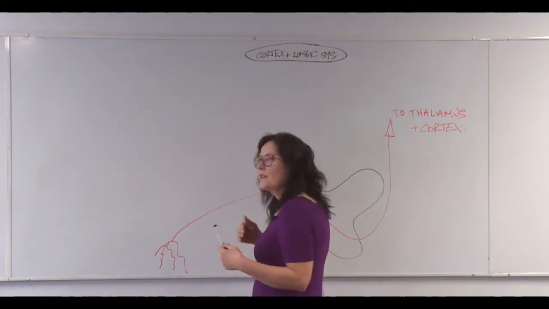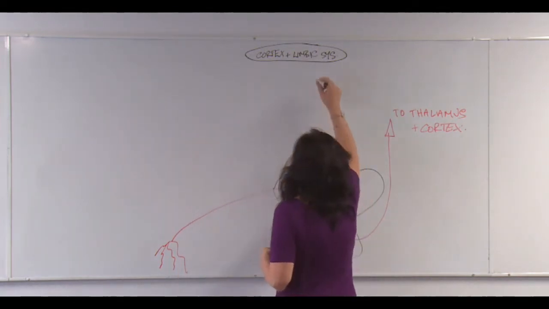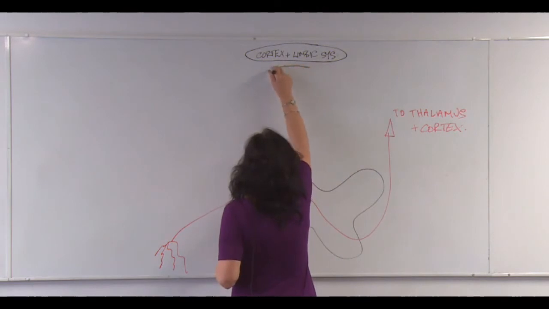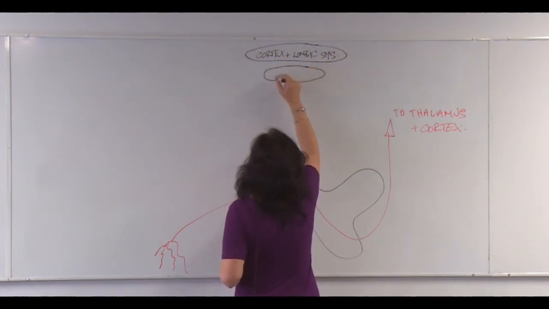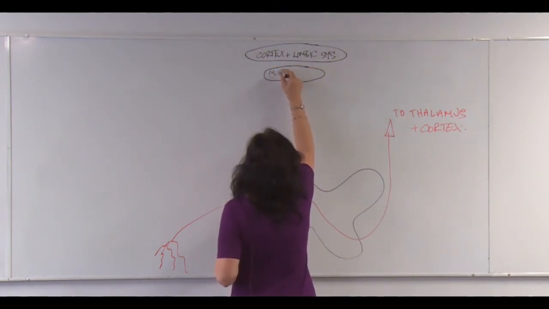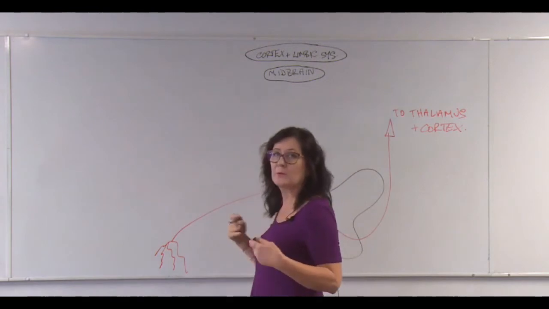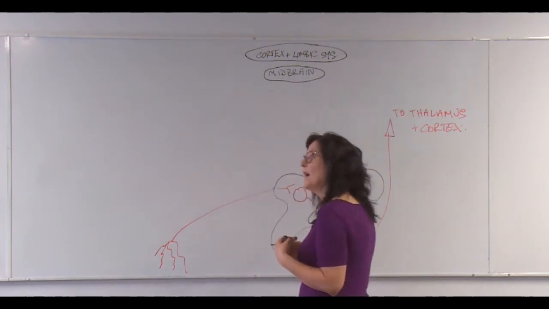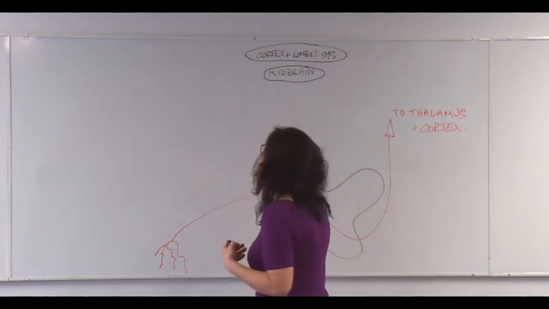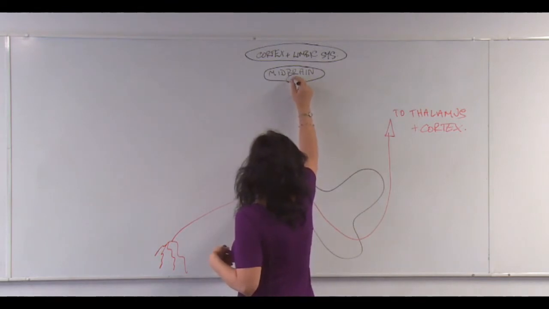Very close to that, of course, we have the midbrain, almost embedded within it. So here's our midbrain. Tiny, tiny area, but within that, the bit that we're interested in is the periaqueductal grey, or the PAG.